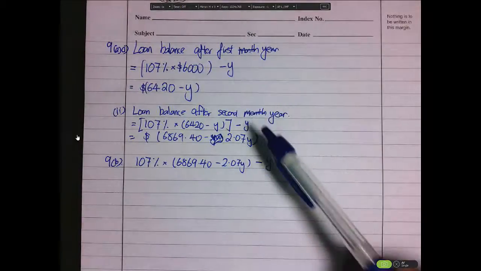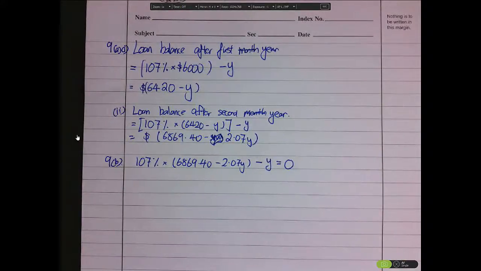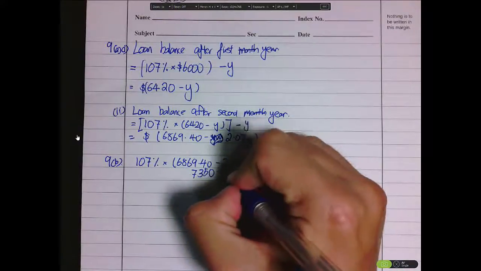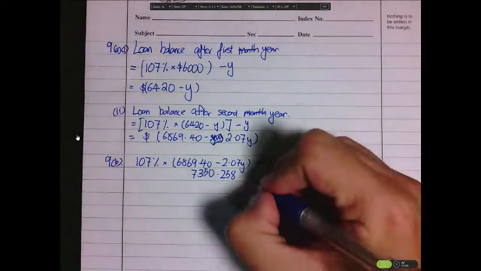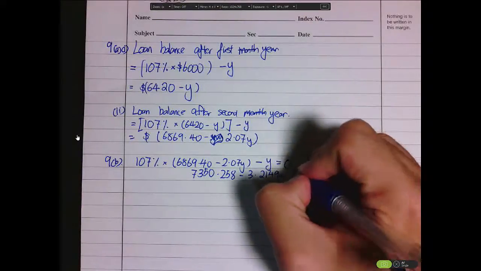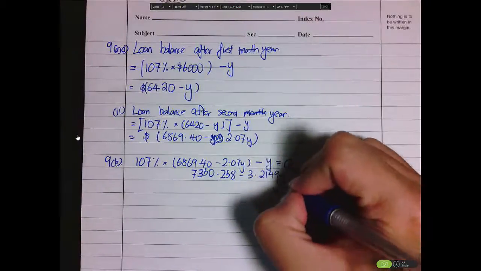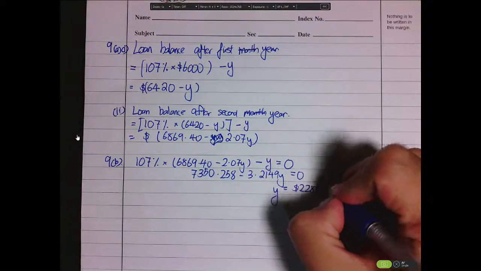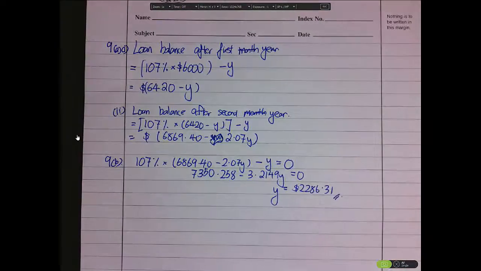If everything is nicely solved, you get this minus 3.2149Y goes to 0. Solving for Y, you get $2286.31, correct to 2dp.